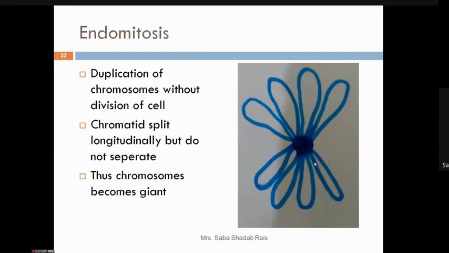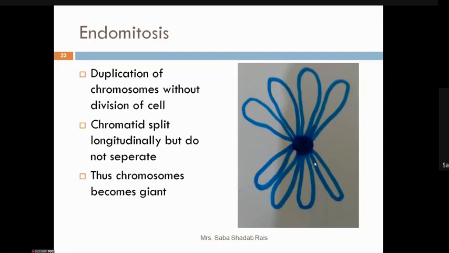Why is it duplicating? Because what is the function of this chromosome? We know the chromosome comprises genes, right? These genes have DNA, and this DNA goes through transcription, translation, and thereafter we get the protein, and these proteins are actually the main thing which is required here.